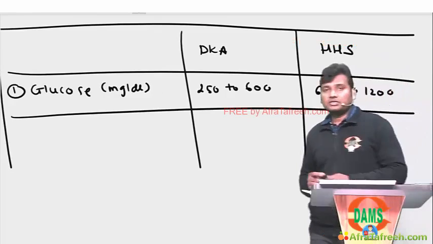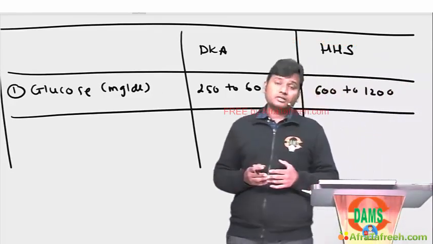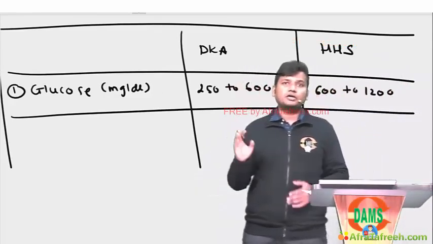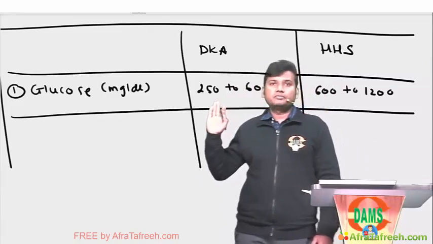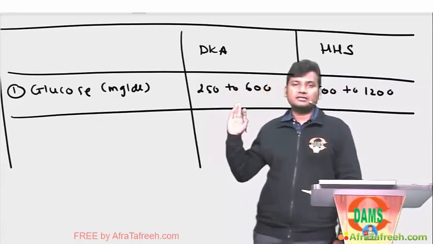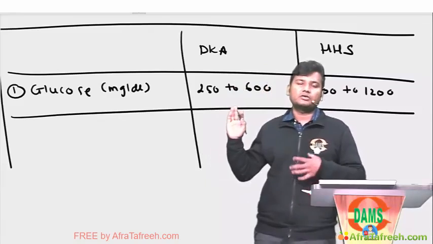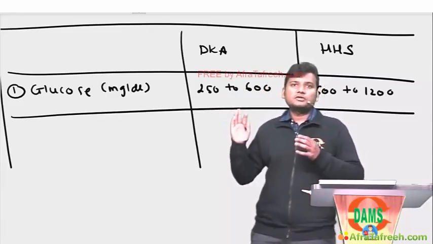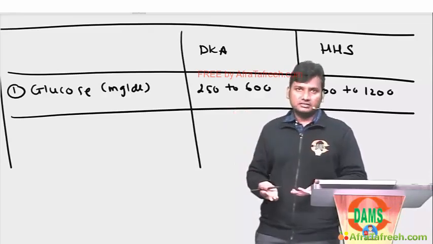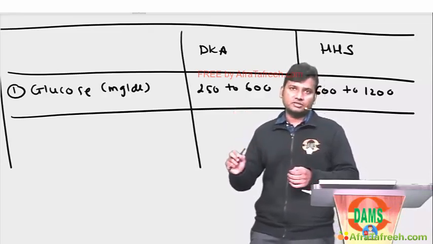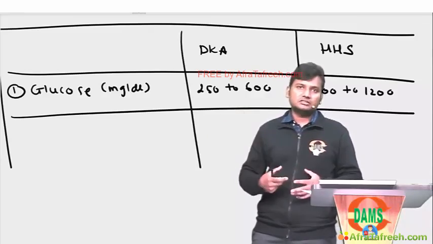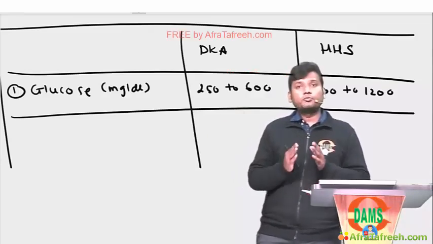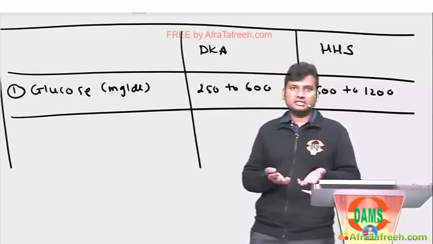Okay, what is the reason? The patient of diabetic ketoacidosis is coming to you for severe clinical features like abdominal pain, nausea, vomiting, Kussmaul's breathing. So the patient will come to you in early stage because of severe symptoms, before sugar crosses 600.